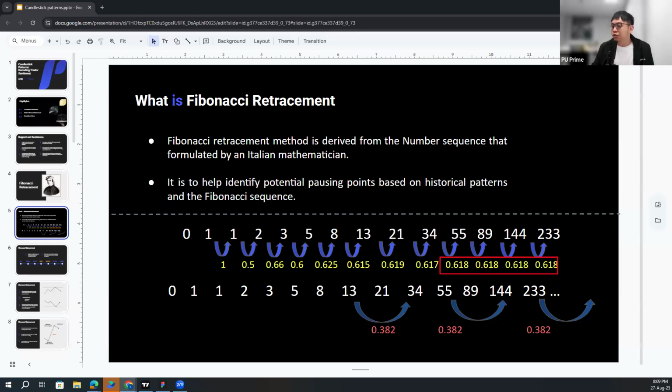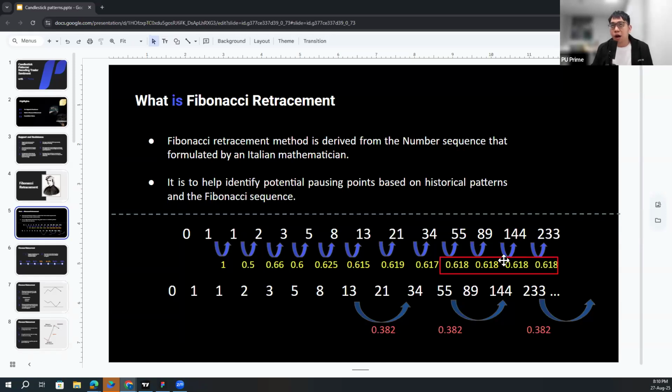You can even try 144 plus 233 to get a number, and then divide 233 by that number, and you will still get 0.618.